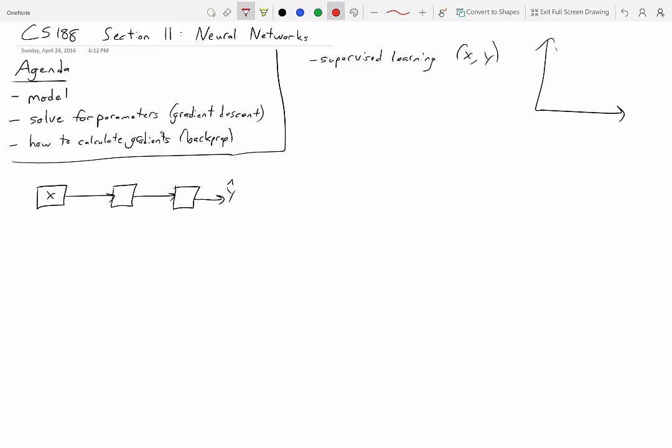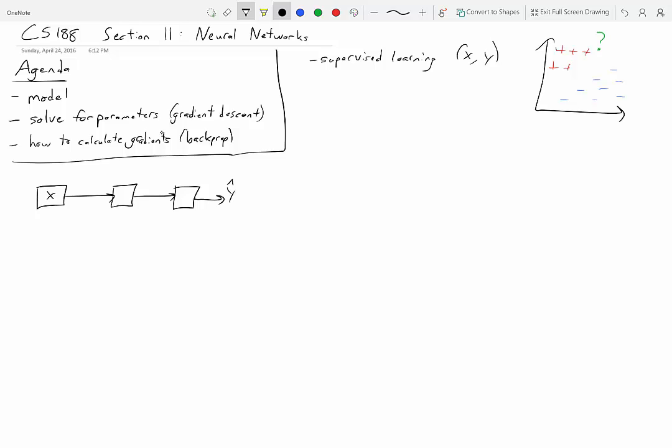We might have a bunch of pluses, and we'll have a bunch of minuses. So those are the labels, and you want to be able to learn a model such that if I give you a question mark, you either assign it a plus or a minus, and we want to do that as best as possible.